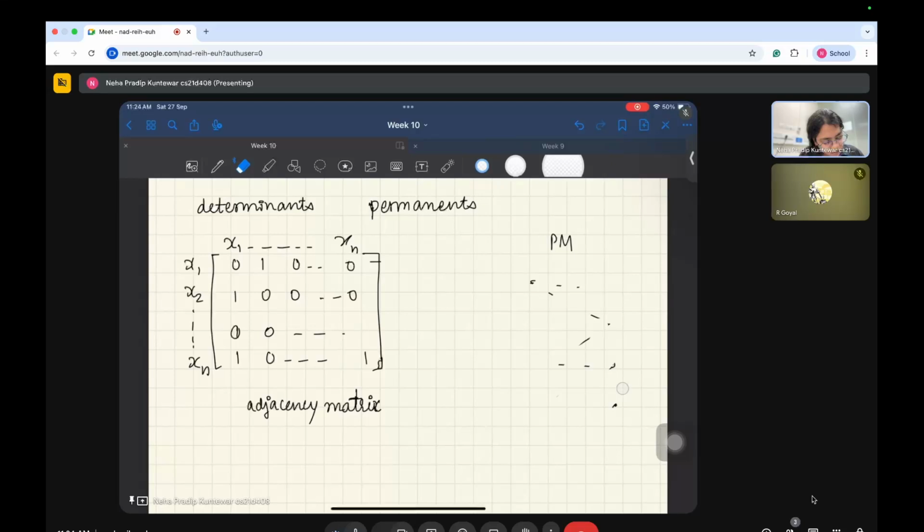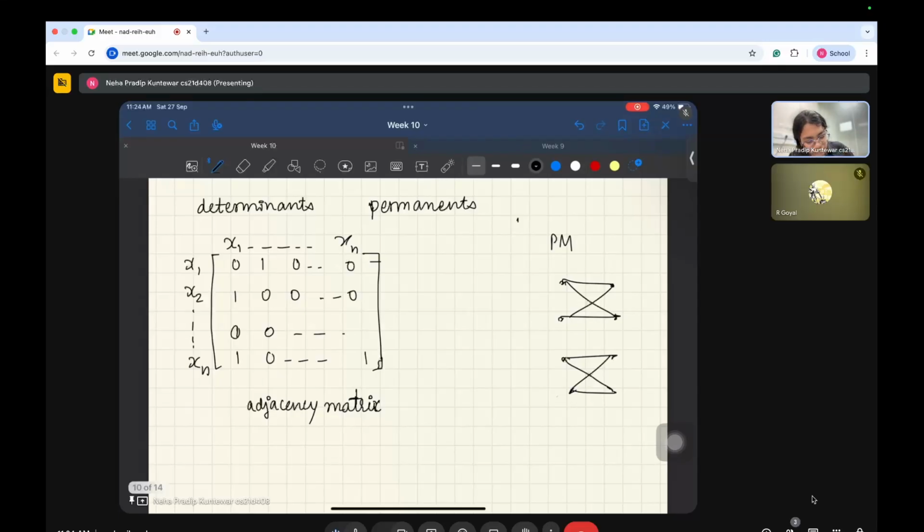Okay, I'll just take an easier example for now. Let's look at this particular bipartite graph, and let's count the number of perfect matchings that are here. So the number of perfect matchings would be 4.